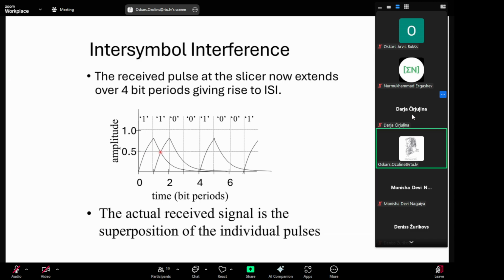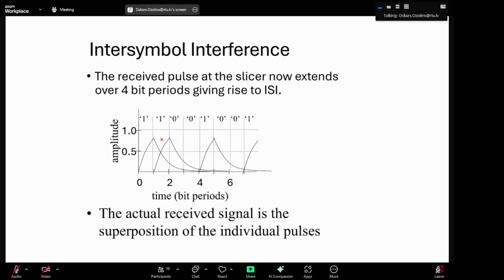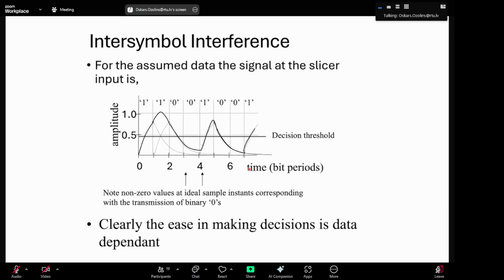It's really on a crossing, so it can be 0, it can be 1, but you detect it as 1, and here you detect it as 0. So then you start to get superposition of these individual pulses, and that is the impact of intersymbol interference here.